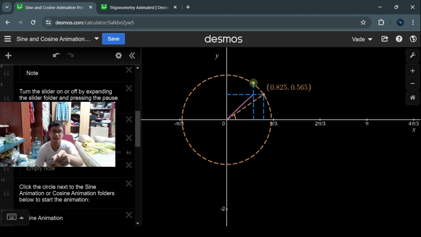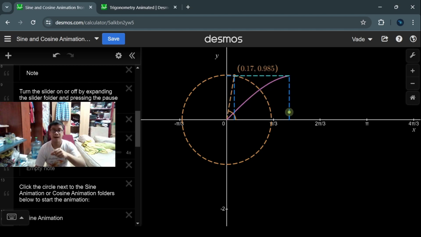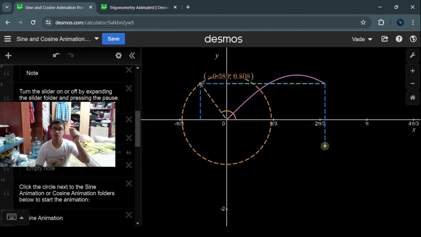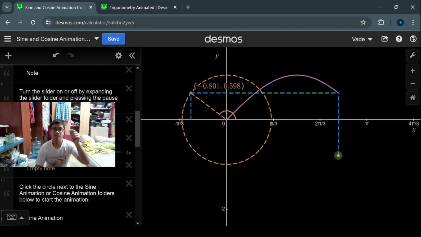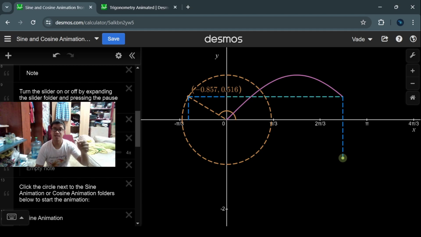Look at the graph of the sine, which is the color pink. It goes up and up until it reaches the peak where your y value is exactly 1.